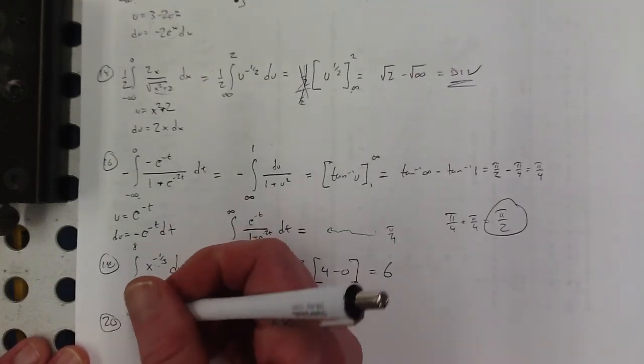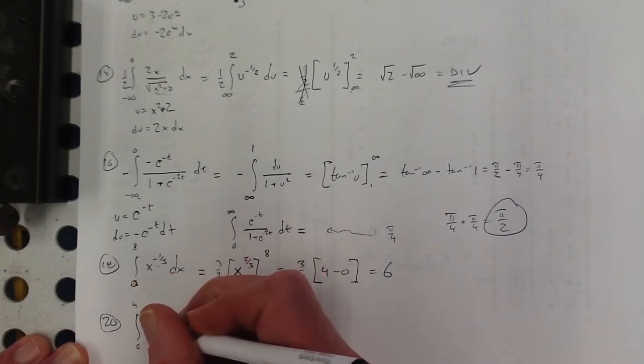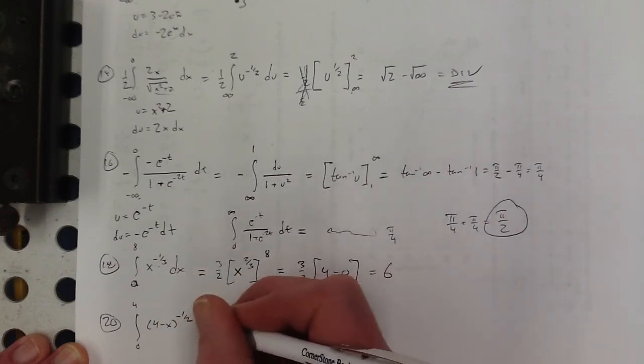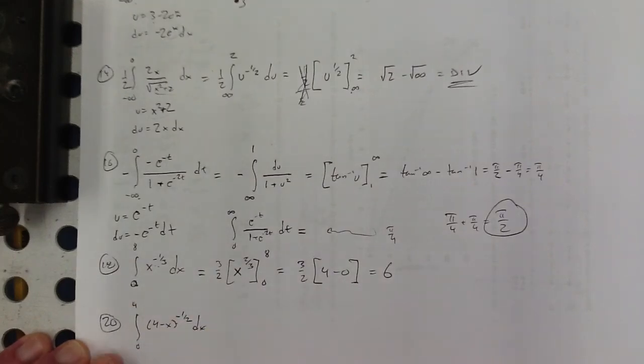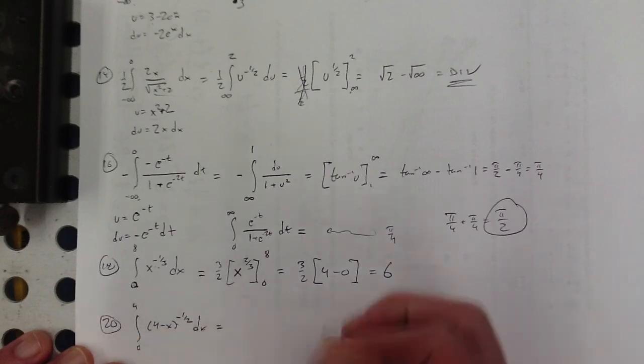And then same thing here. This also has a vertical asymptote at 4. So what happens here? This is an easy one, you don't really have to do a u substitution because it's just a negative sign there.